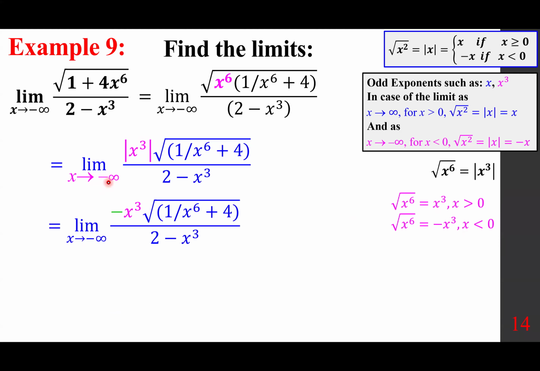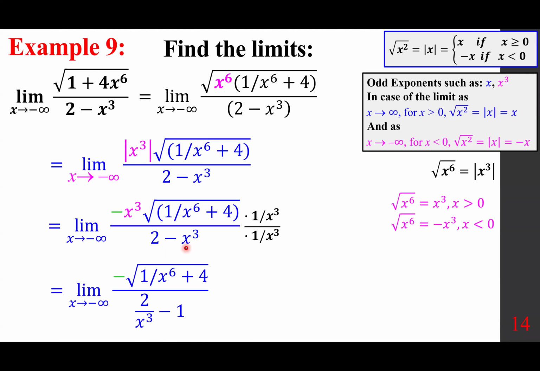And so now we can divide the top and the bottom by, this is not a rational expression, but we're going to treat it the same. We're going to divide by the highest degree term in the denominator, which is x cubed. When we do that, first and foremost, the top x cubed goes away, minus the square root. This becomes 2 over x cubed. This becomes minus 1.